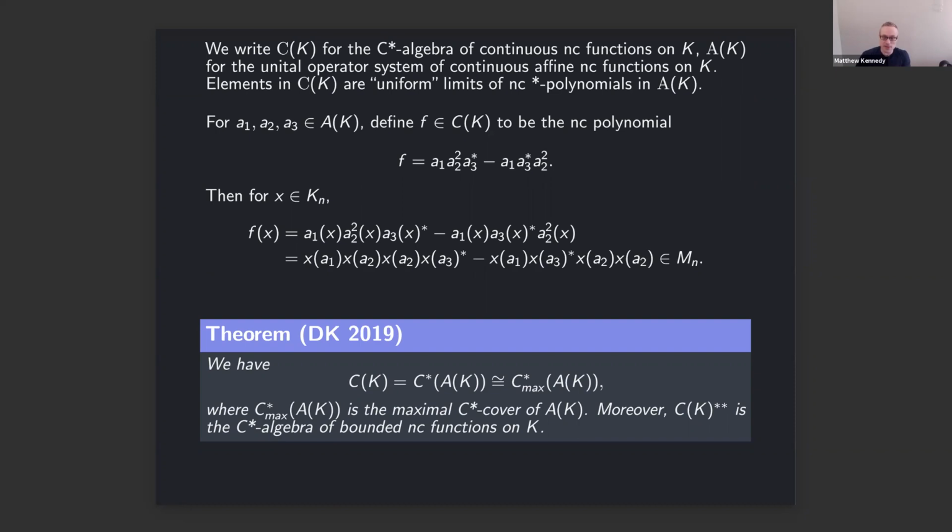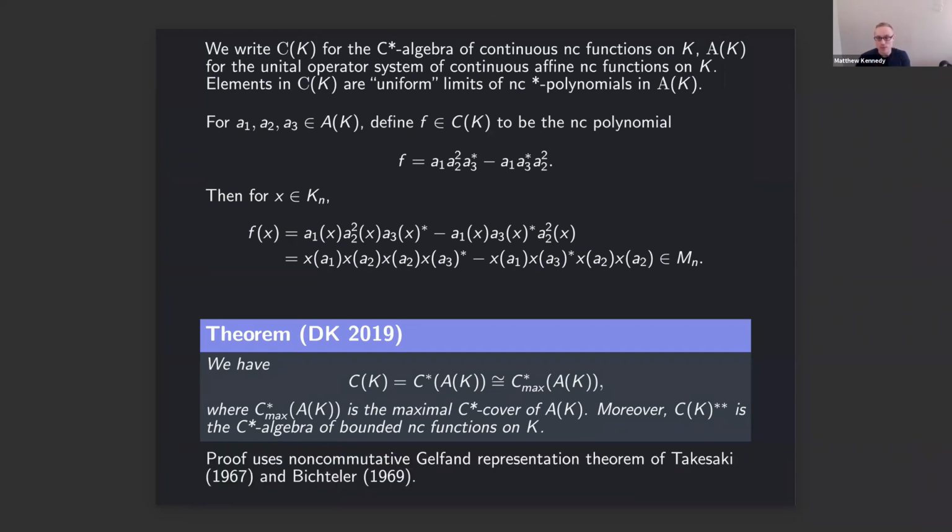And it turns out that the bidual of the C-star algebra consists exactly of the NC functions that are bounded in an appropriate sense, basically just uniformly bounded over the levels Kn. And the proof of this result uses a fairly deep result of Takesaki and Bichteler from the 1960s.